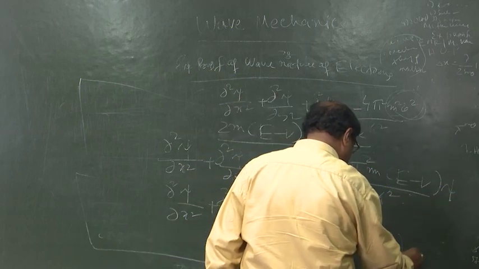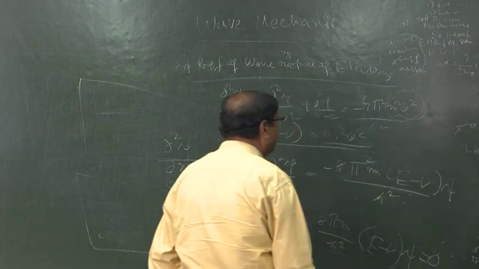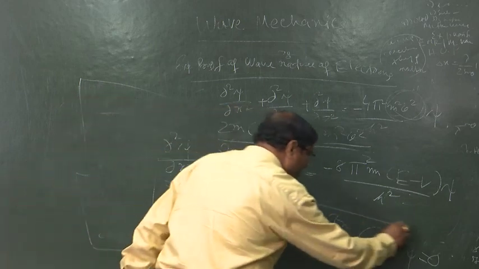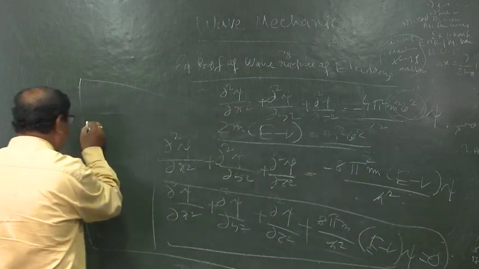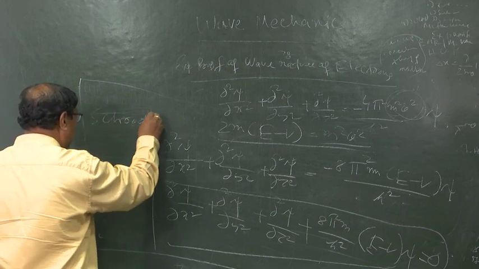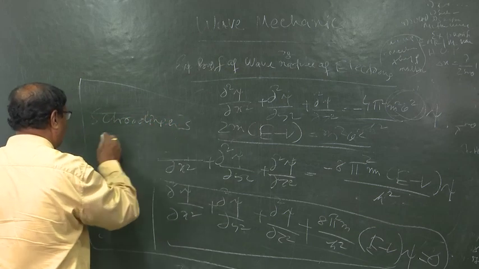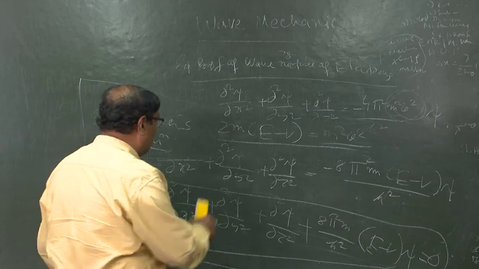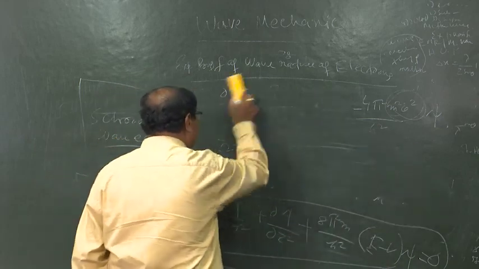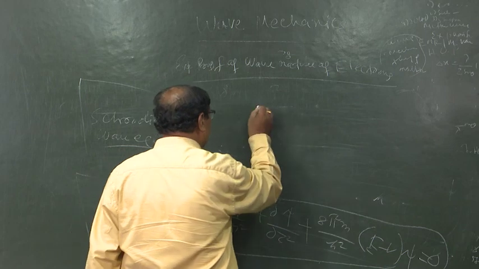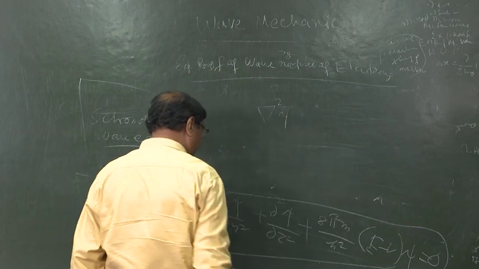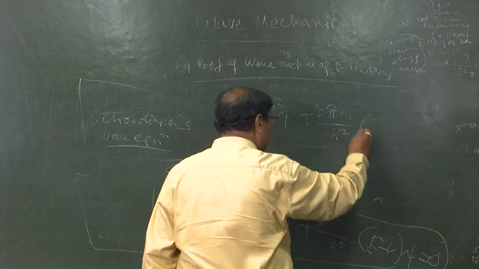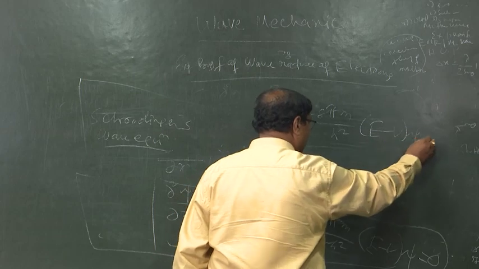Here psi is there. So this expression is called Schrodinger's wave equation. Since it is a lengthy equation, we can write it in a simple form: del square psi plus 8 pi square m by h square (E minus V) psi is equal to 0.